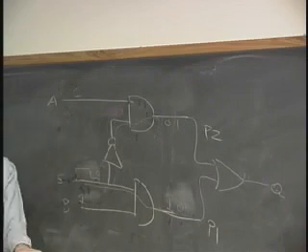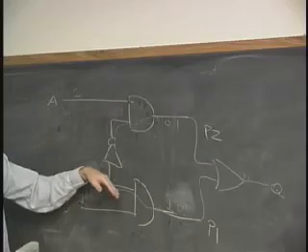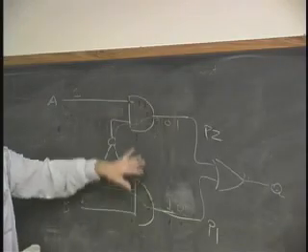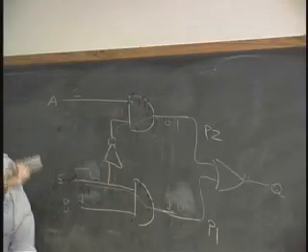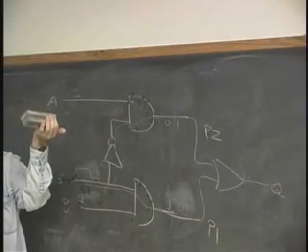And during that small period of time, when we switch from this one being in charge to this one being in charge, what's going to happen to the output? It's going to have a little glitch going down.